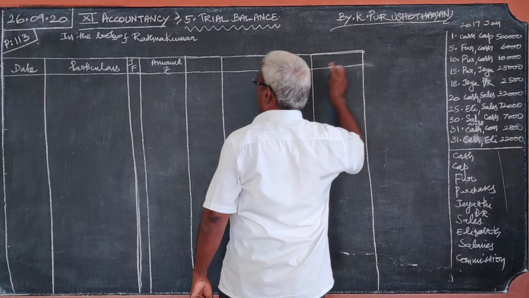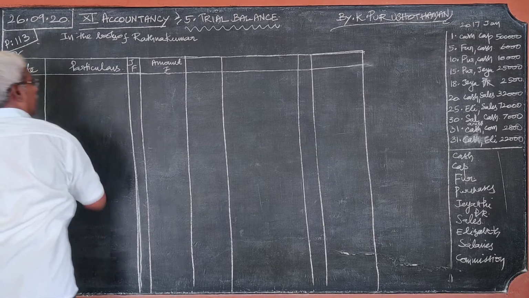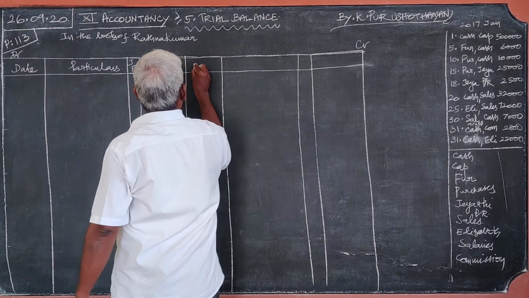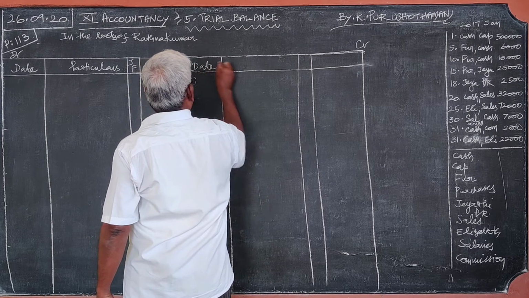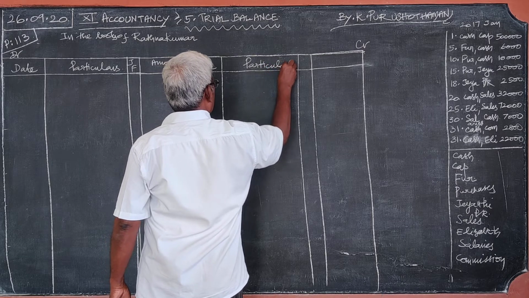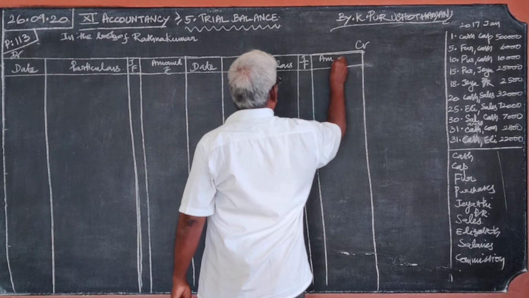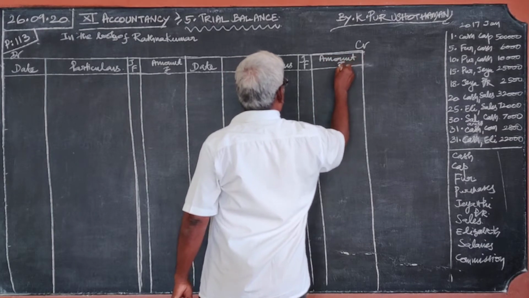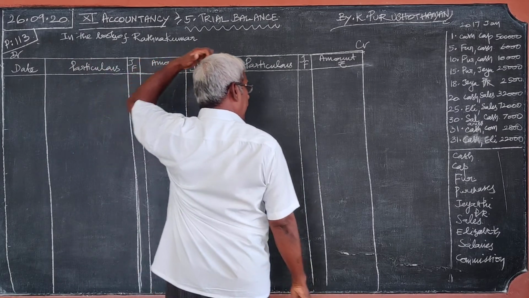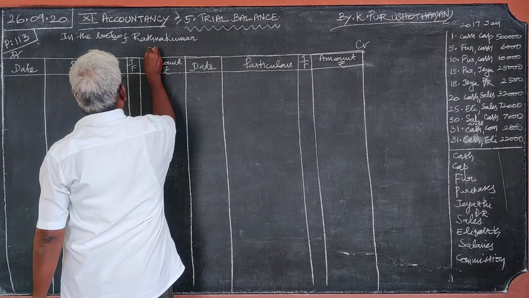This is the format of ledger, where the first ledger account is the cash account.